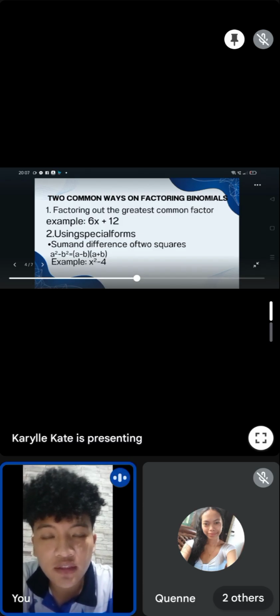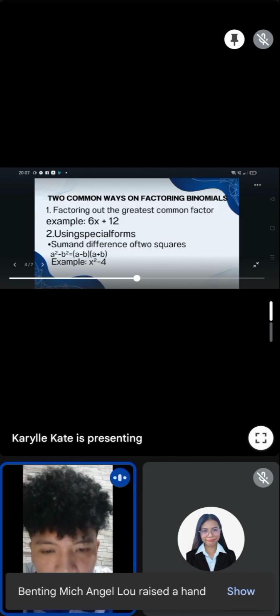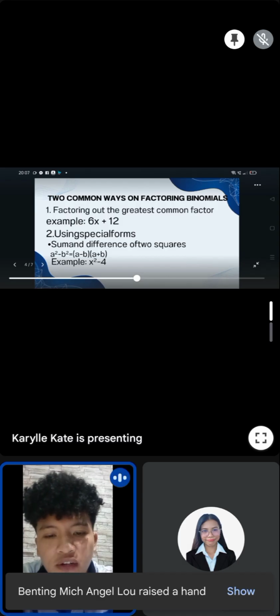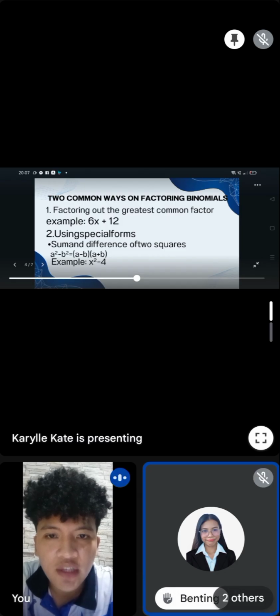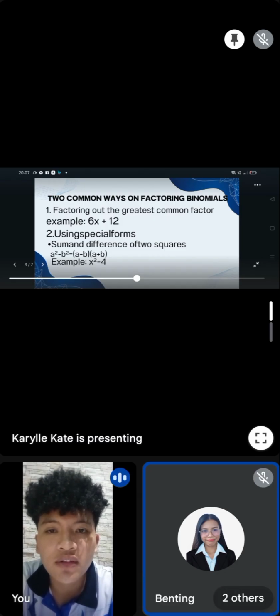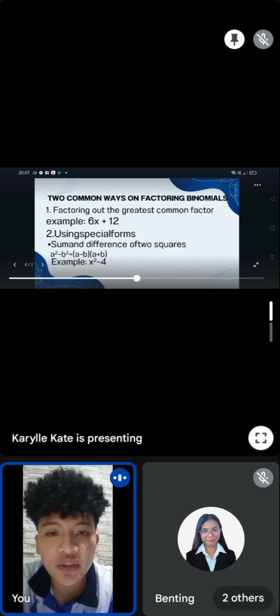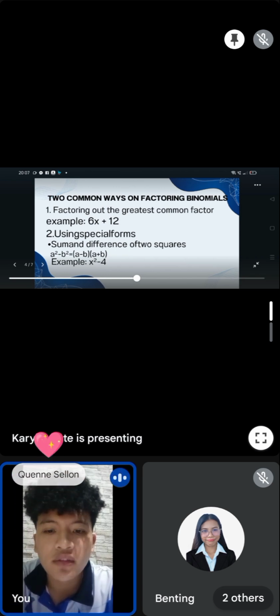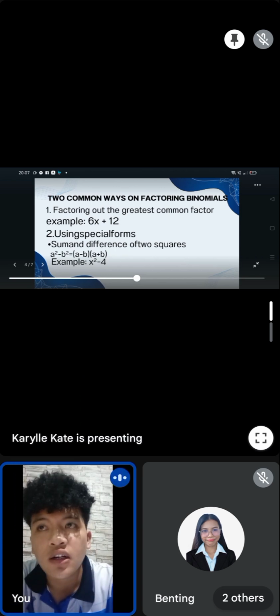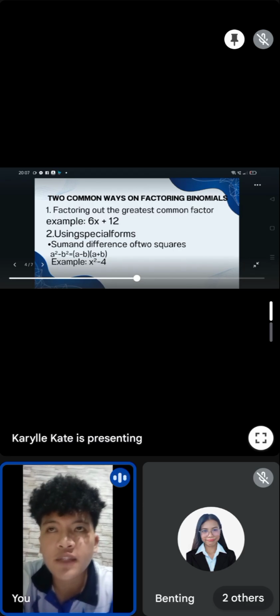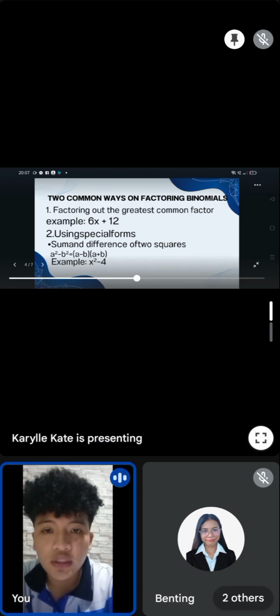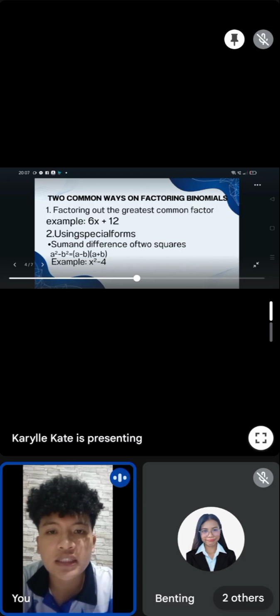Okay, Miss Binting, you're raising your hand. The greatest common factor is 6. Okay, she is right, the greatest common factor is 6. When you say greatest common factor, it is common in both of the terms, and it is the greatest. We can also factor 3, but 3 is not the greatest common factor.